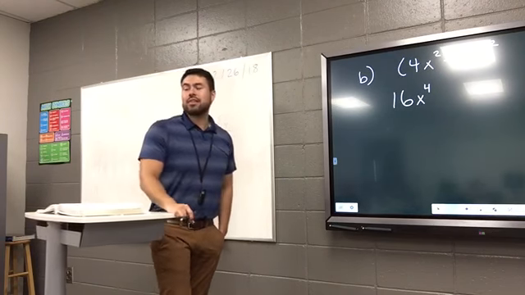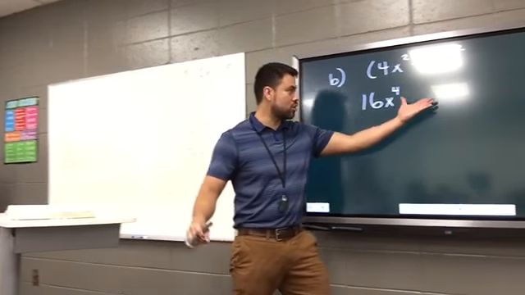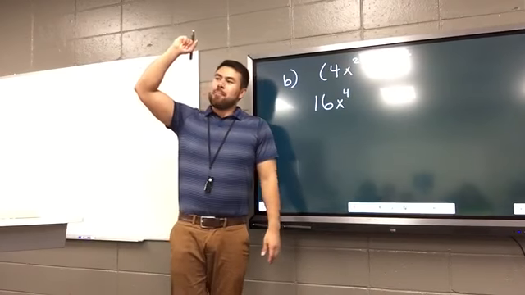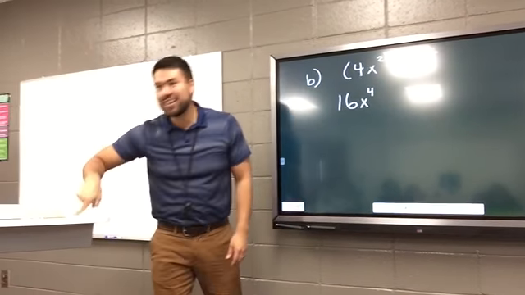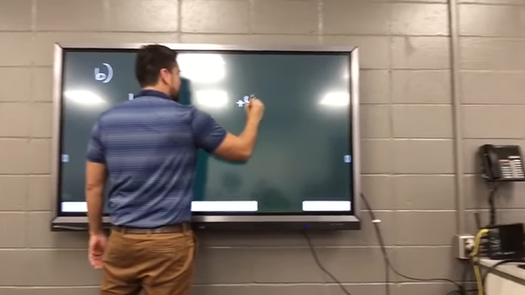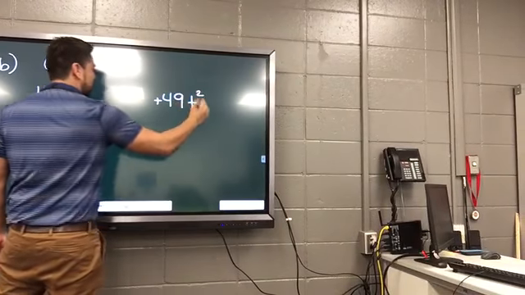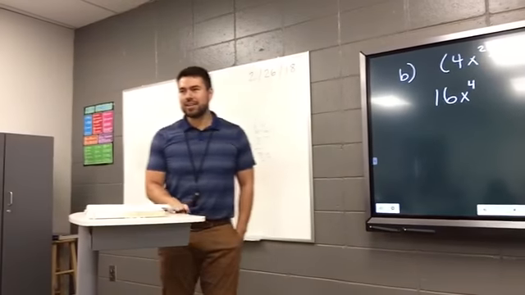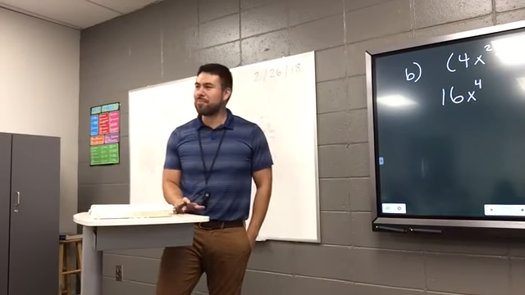And does anyone know what the last term would be? So there's a middle term, but what's the last term? Automatically, what's the last term? Positive 49t squared. All right, that's my last term. Positive, by the way. And then, what in the world would that middle term be?